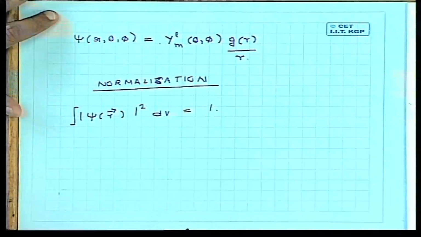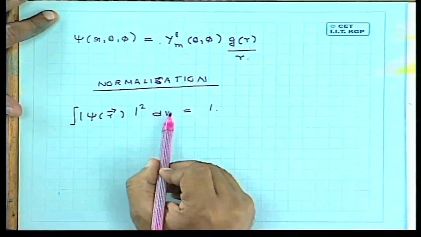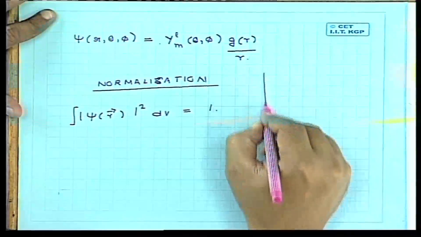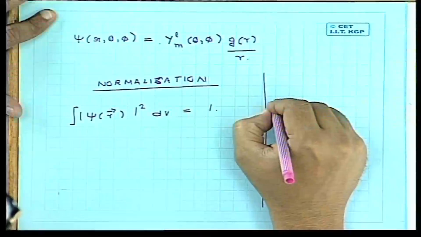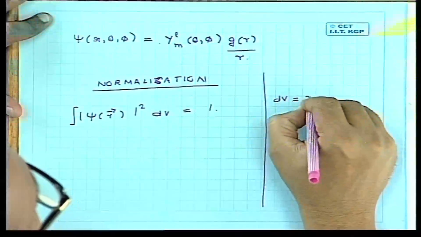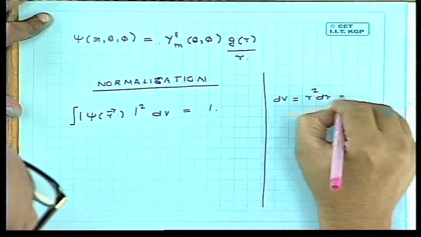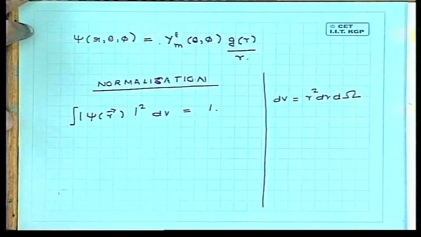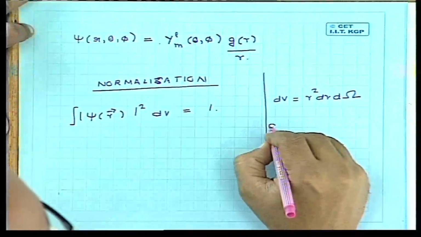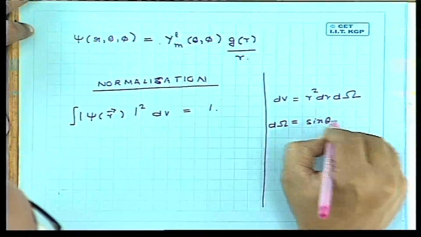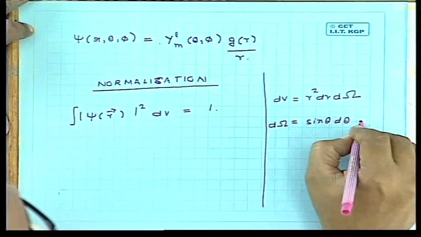We are working in the spherical polar coordinate system where the infinitesimal volume element dV can be written as r squared dr d omega, where d omega is the infinitesimal solid angle. Let me also write down what d omega is. d omega is sine theta d theta d phi.